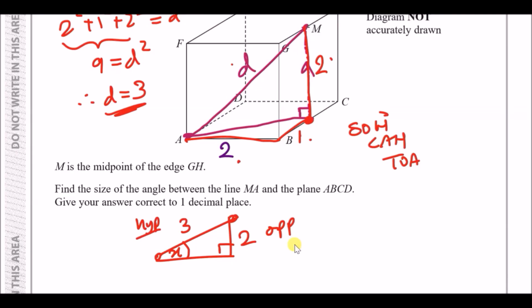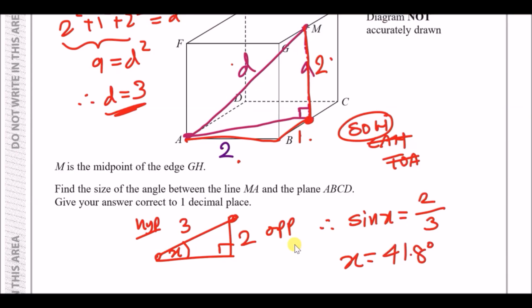So we're going to deal with SOH because we got an O and an H. We don't have the adjacent. So therefore we can say that, remodeling it using SOHCAHTOA, we have sine of the angle equals the opposite O over hypotenuse 3. And then sine inversing this, you're going to get a simple result of 41.8 degrees. That's it, all done.